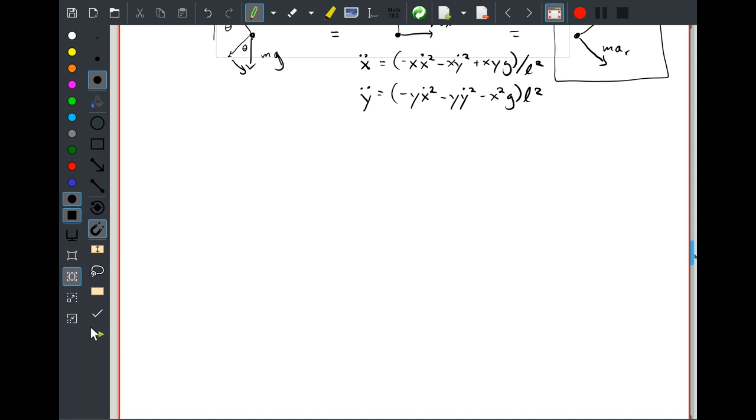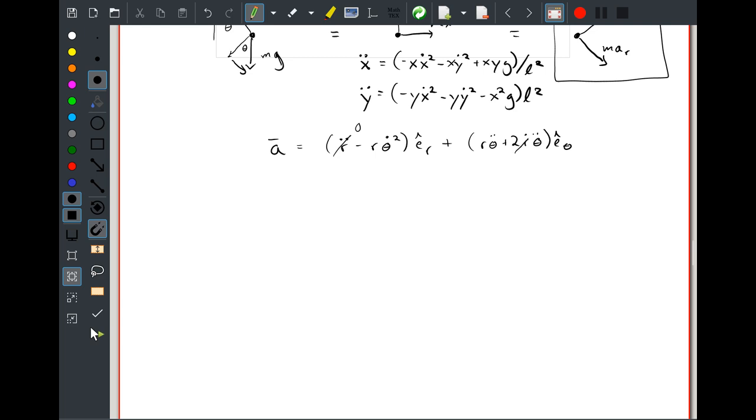In the cylindrical form, it makes it a little easier to deal with acceleration in this pendulum situation, because acceleration is r double dot minus r theta dot squared in that radial direction, plus r theta double dot plus 2 r dot theta dot in the e theta direction.